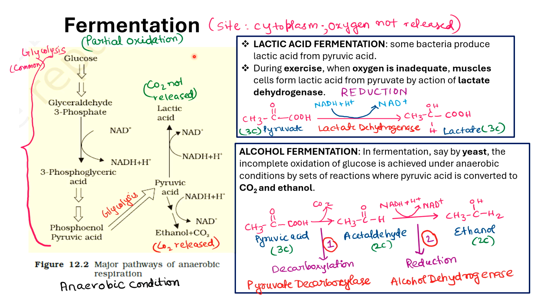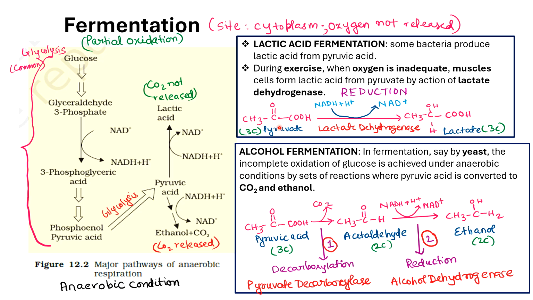In the fermentation pathway, after a common glycolytic pathway, the pyruvic acid, which is the end product of glycolysis, can lead to the formation of lactic acid, which is seen in some lactic acid bacteria as well as the muscle cells during exercise conditions, where the pyruvate, the 3-carbon compound, is reduced to lactate, which is again a 3-carbon compound, utilizing a molecule of NADH, which is oxidized to NAD+.